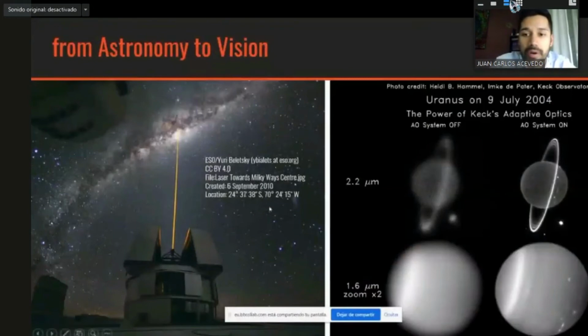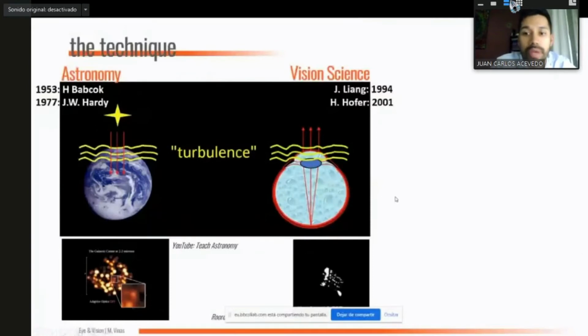Ground-based telescopes are capable of capturing sharp images of distant stars. Using waveform correction, this can be achieved. Adaptive optics has enabled advances in visual simulation through the study of the waveforms. The similarity between the Earth's atmosphere and the eye has been studied to implement these techniques to improve retinal image capture.